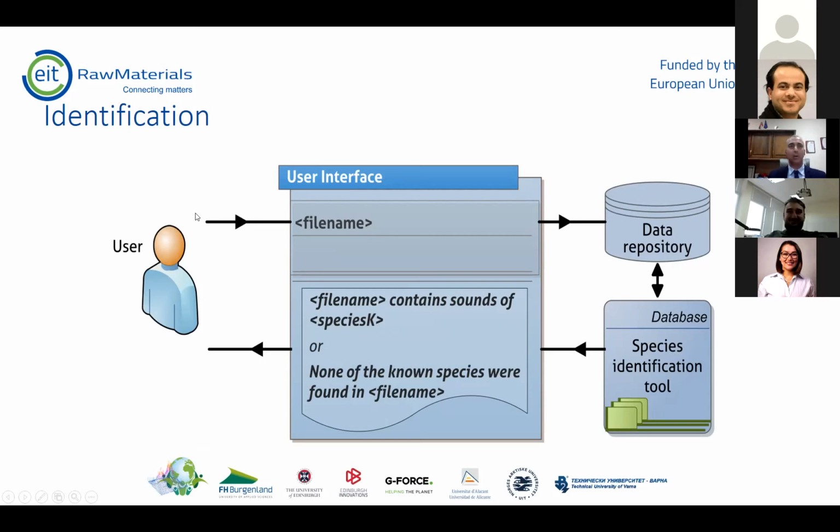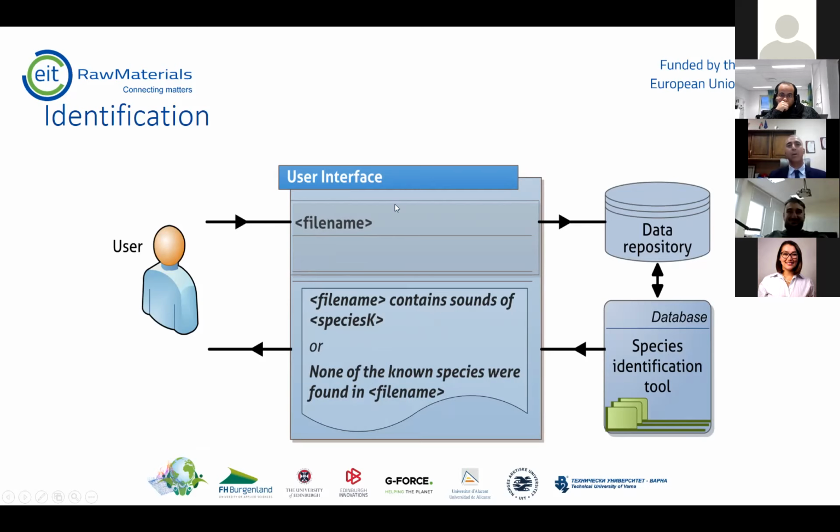I don't know really. If the computer already has a model for this species, the system can return an answer: okay, in your recording, there is the sound of species sparrow, for instance. Or the computer can return the answer, none of the species that are known were found in your recording.